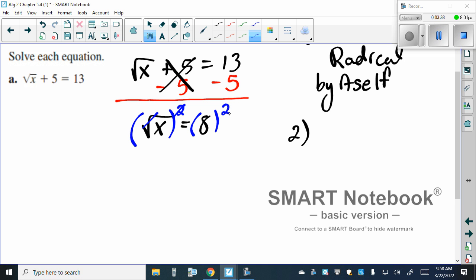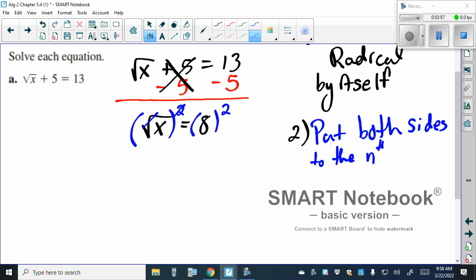So once we get the radical by itself, we're going to put both sides to the nth power.